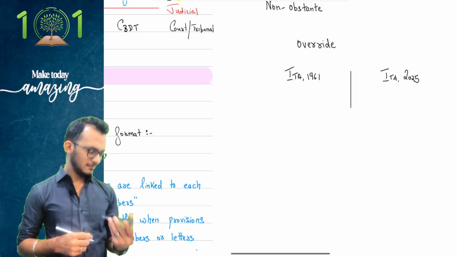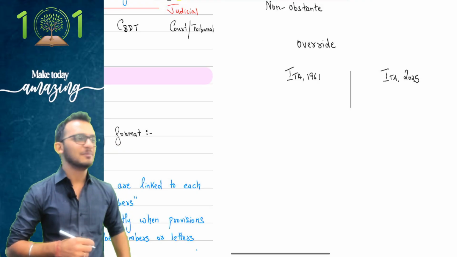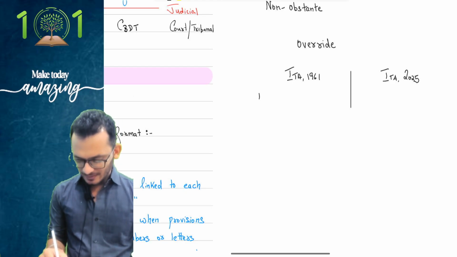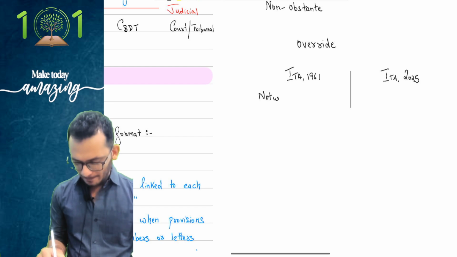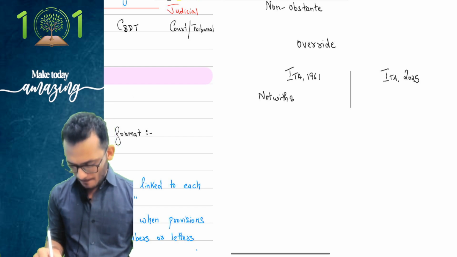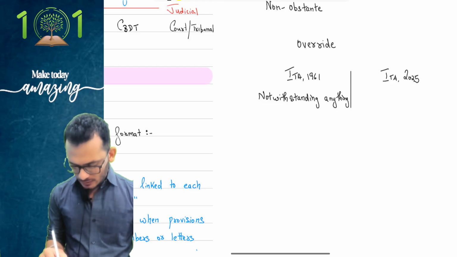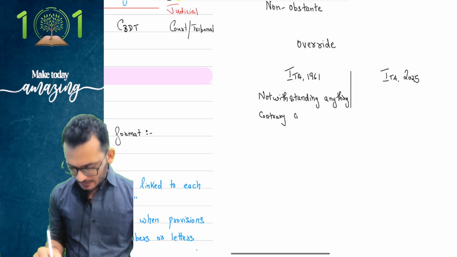What is ITA? Smart people. Left side is notwithstanding anything contrary contained in.